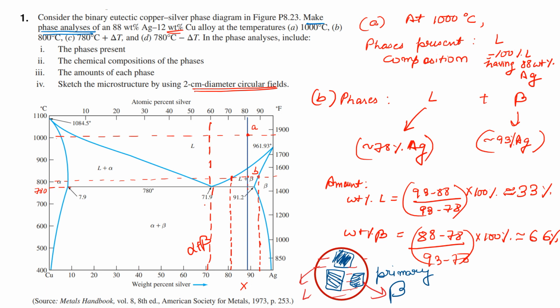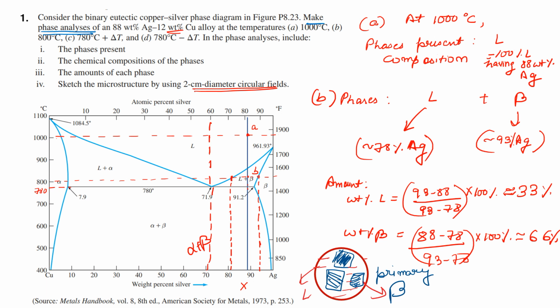The intersection of the tie line with this boundary will give us the composition of alpha plus beta, and of course the part of the lever facing away from the alpha plus beta line will give us the amount of the alpha plus beta eutectic mixture.